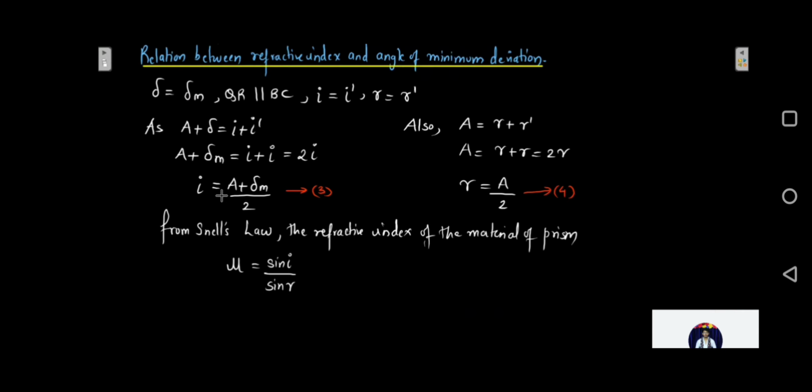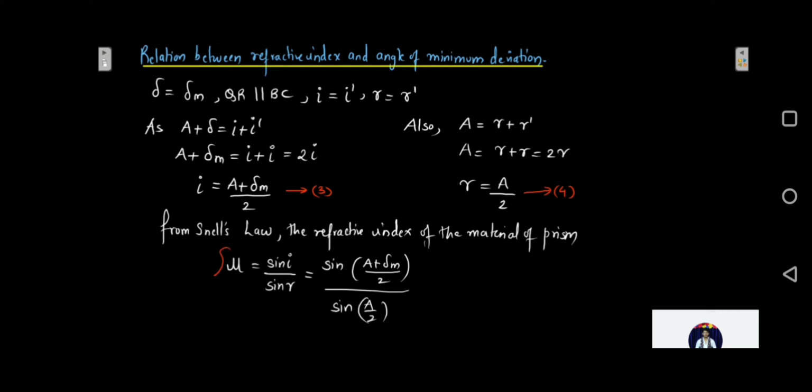So I have my i over here in terms of angle of prism and minimum deviation. Here also I have r. So let's substitute. So this is going to be sine of (A plus delta m) upon 2 divided by sine of A upon 2. So basically this becomes the relation between the refractive index of the material of the prism and the angle of minimum deviation for that particular prism.